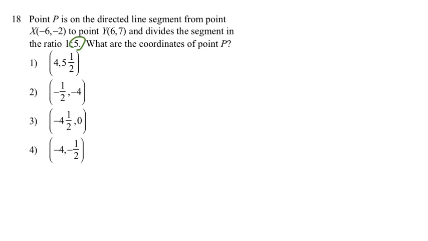Alright, number 15. Since it's a multiple choice question, what I'm going to be doing is this. I'll try to use the mass point idea and then center of mass formula to apply to find the point that has been segmented in the ratio of 1 to 5.